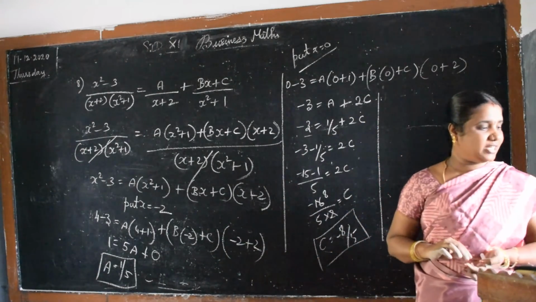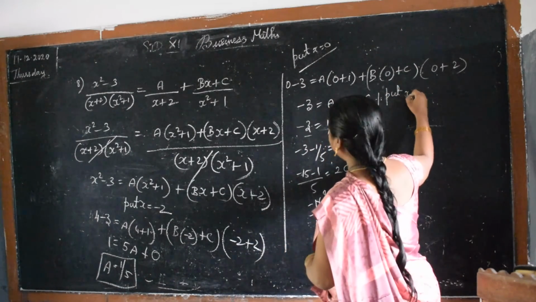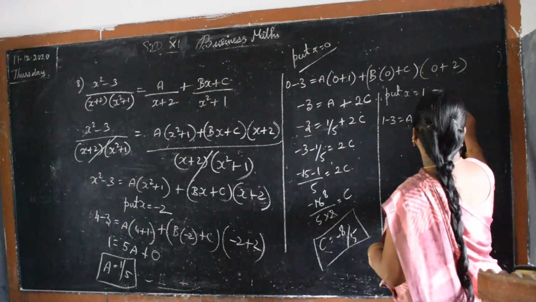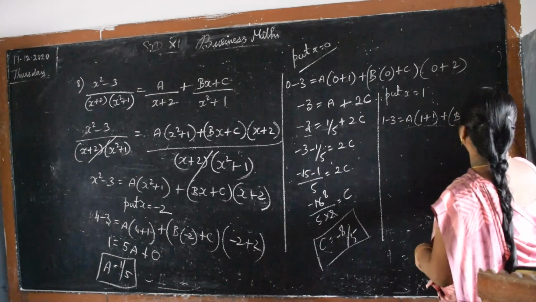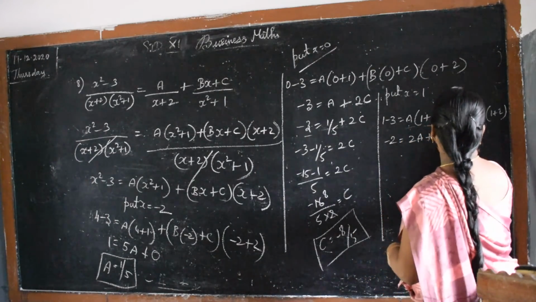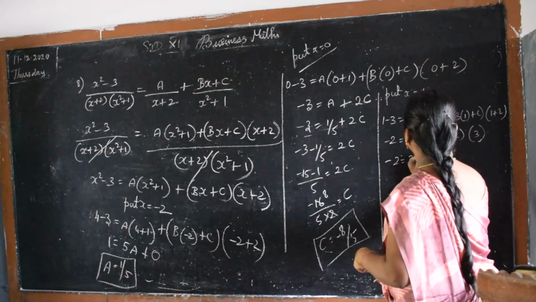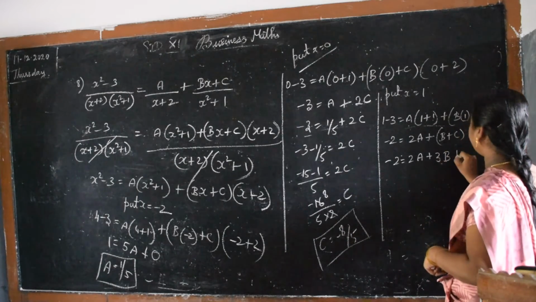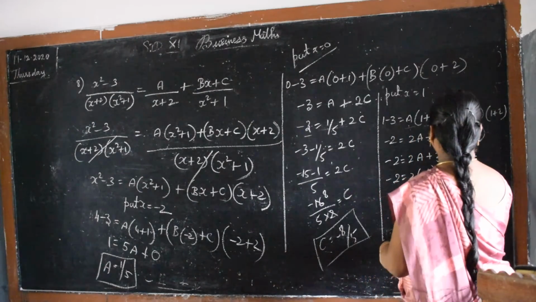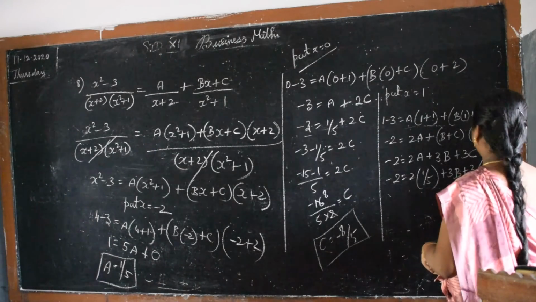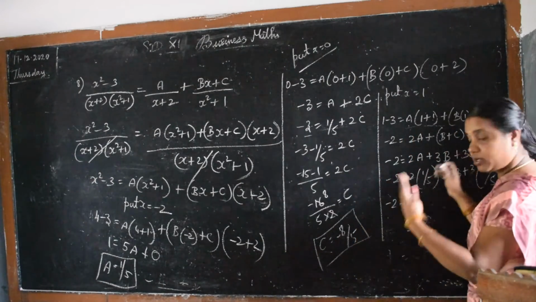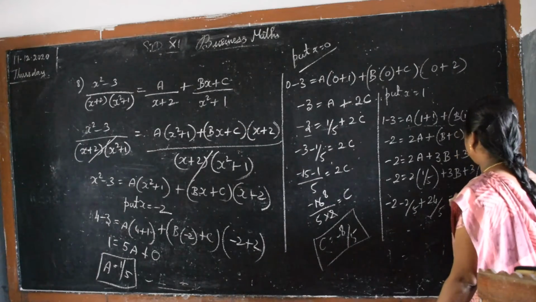Next substitute the value and get the value of b. Put x = 1: 1 − 3 is −2, and on the right 2a + b + c multiplied by 3. So −2 = 2a + 3b + 3c. So −2 = 2 × 1/5 + 3b + 3 × (−8/5). So −2/5, and 8 × 3 is 24, so minus 24/5. Then plus 24/5 is equal to 3b.